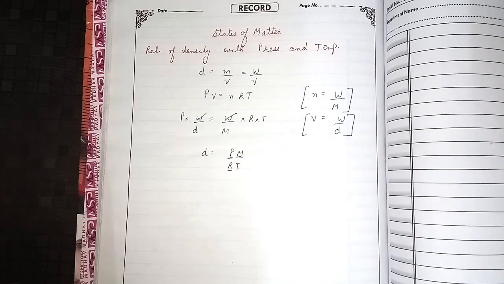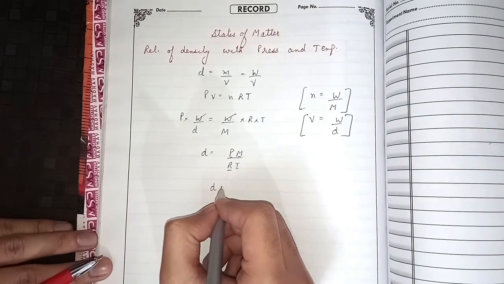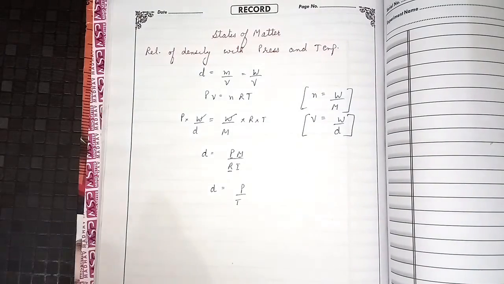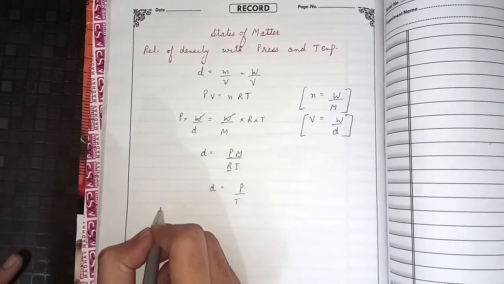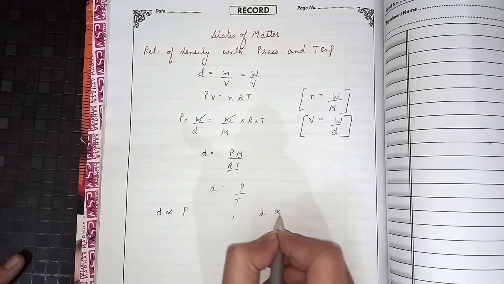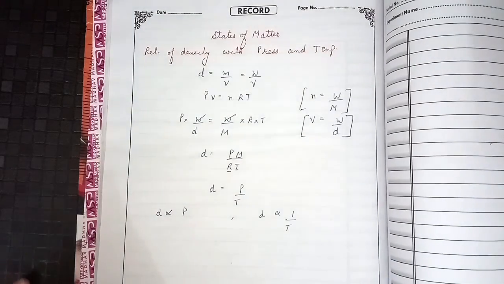So we can say that the density is mainly dependent upon pressure and temperature. And from here we can see that density is directly proportional to pressure and inversely proportional to temperature.